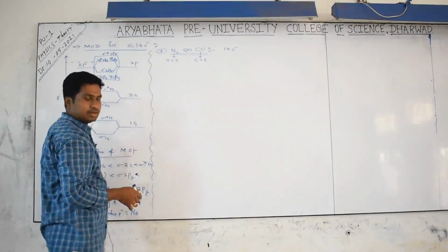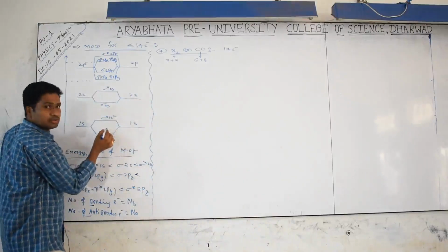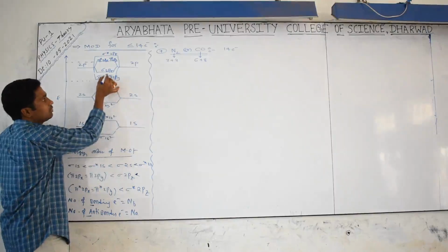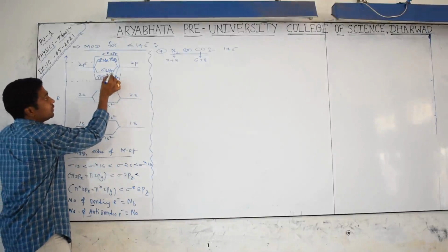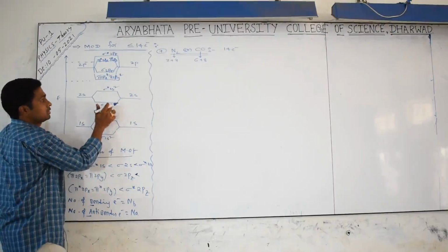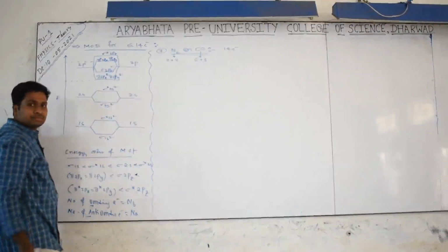Can I fill here? Yes: sigma 1s2, sigma star 1s2, sigma 2s2, sigma star 2s2. After that, first give one electron because of Hund's rule. After that pairing is happening. How many over? 2 plus 2, 4, 6, 8, 10, 12 and 14.